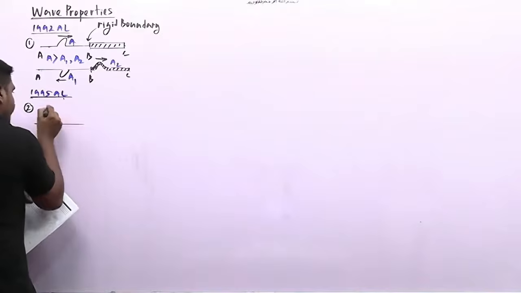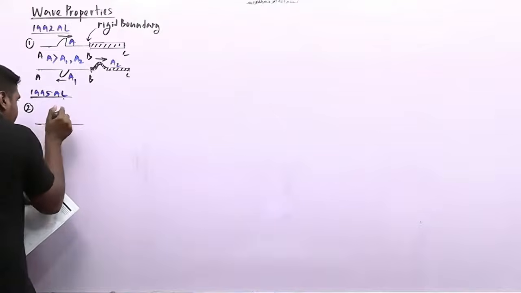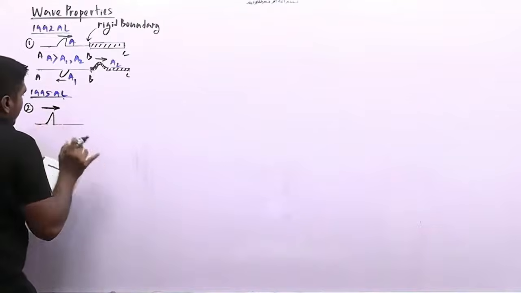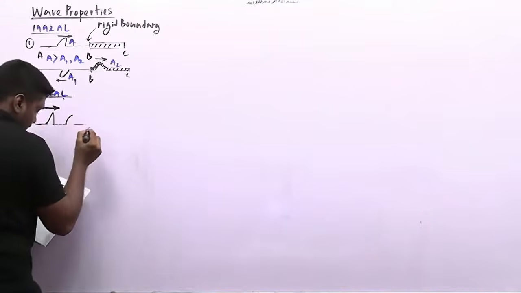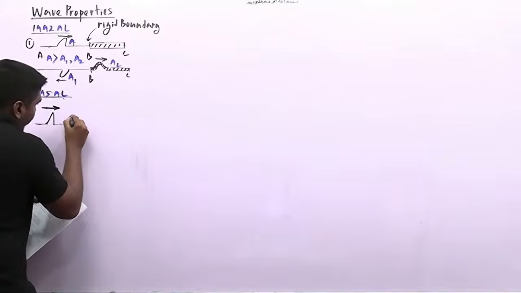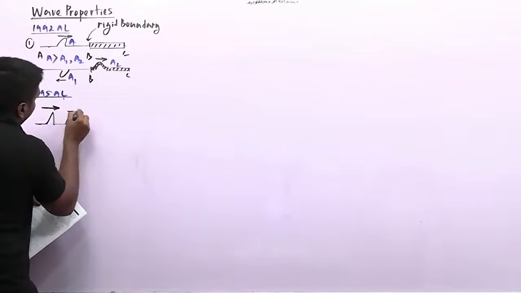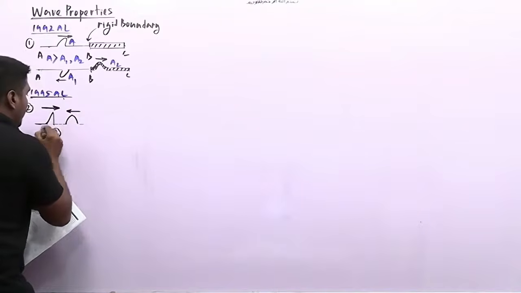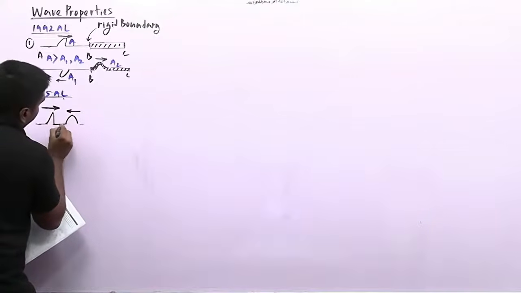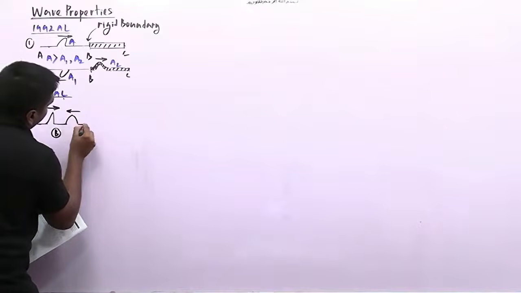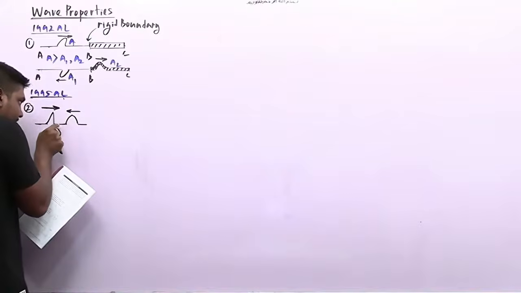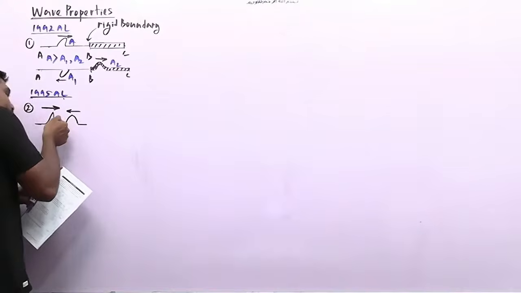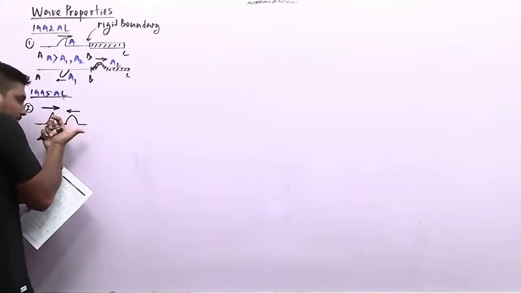This pulse propagates to the right and this pulse propagates to the left. At the moment when these two pulses superimpose on each other, there will be an overall change in the resultant wave pulse.